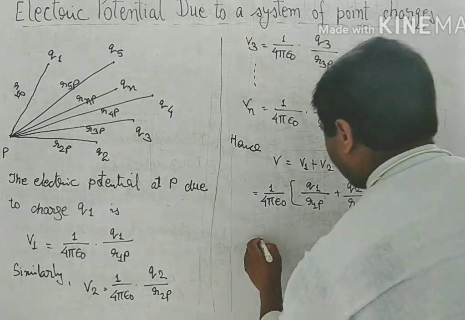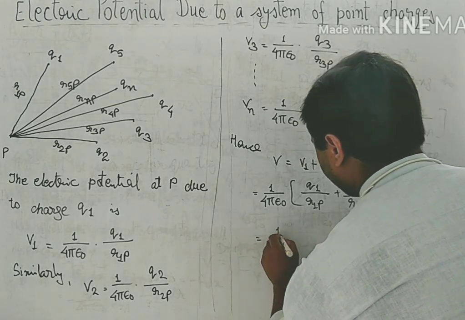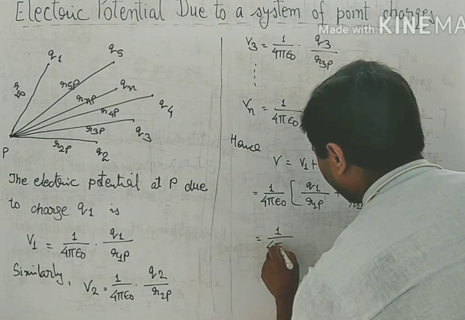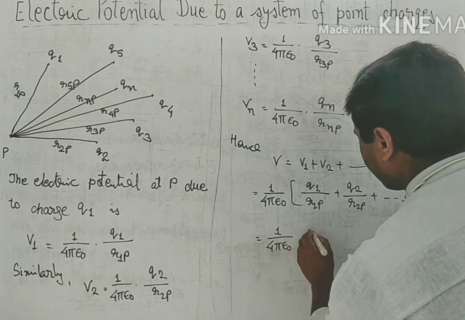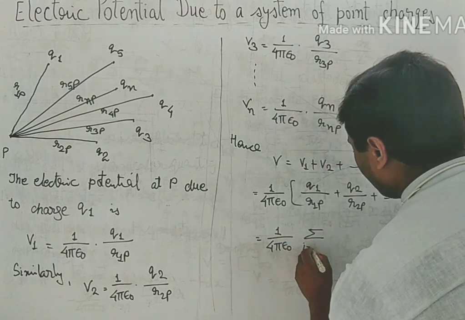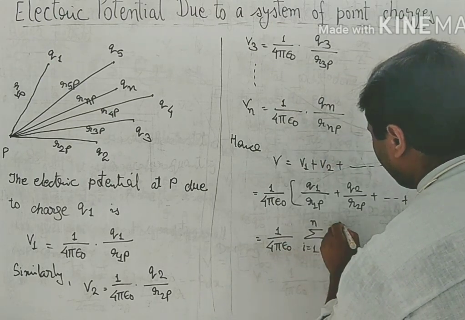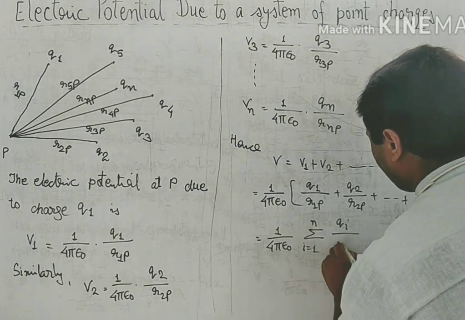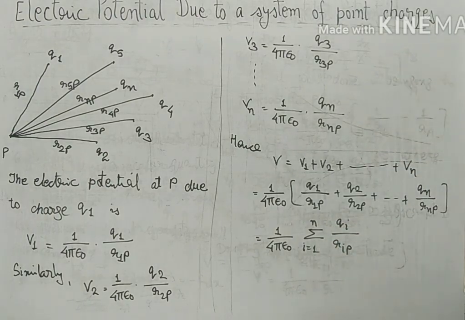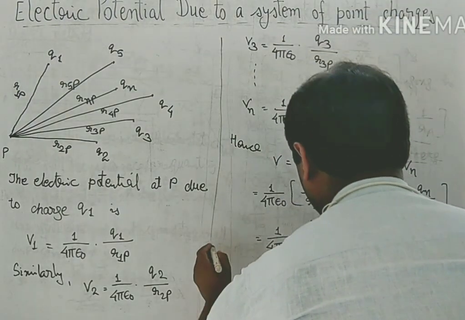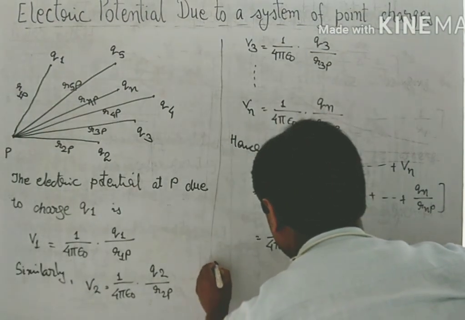So in abbreviated form we can write it to be 1 upon 4 pi epsilon naught summation over i equal to 1 to n Qi upon RiP. In terms of position vector, what can be written?